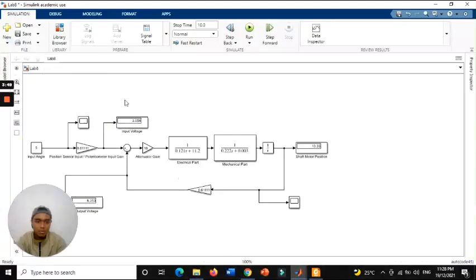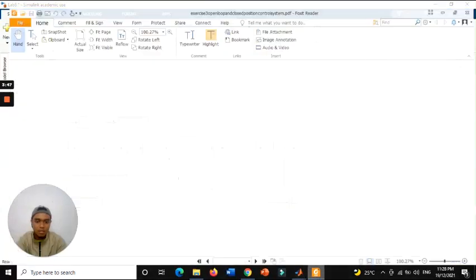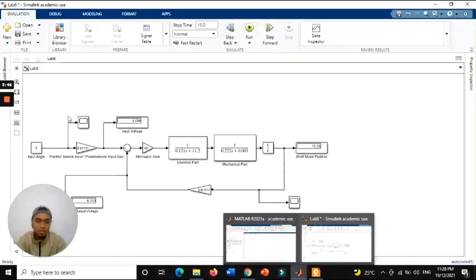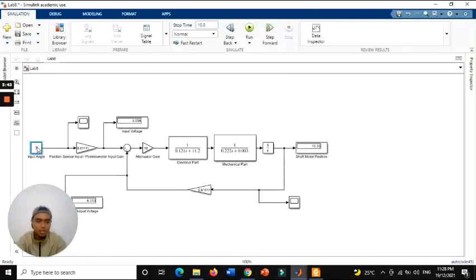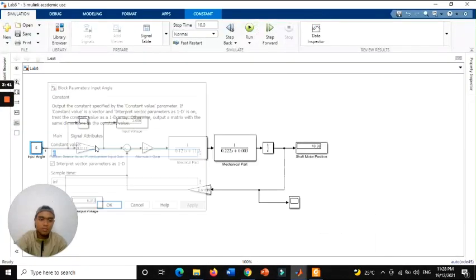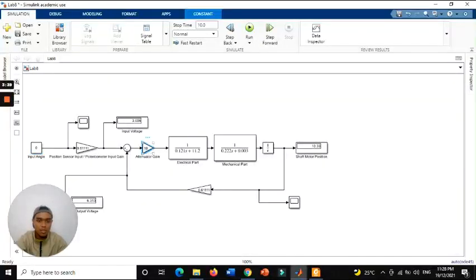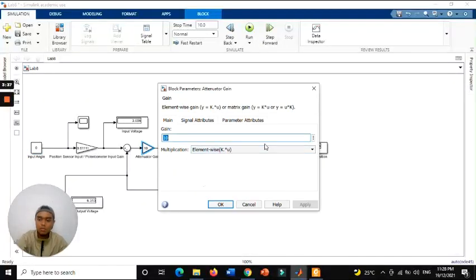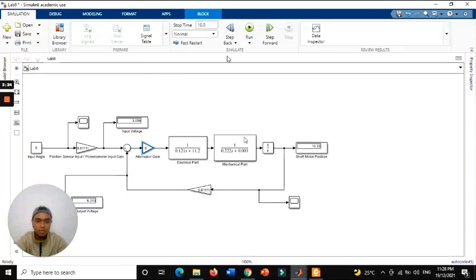Okay, so the instruction is input angle value 0 and attenuator gain also 0. So then we run the system.